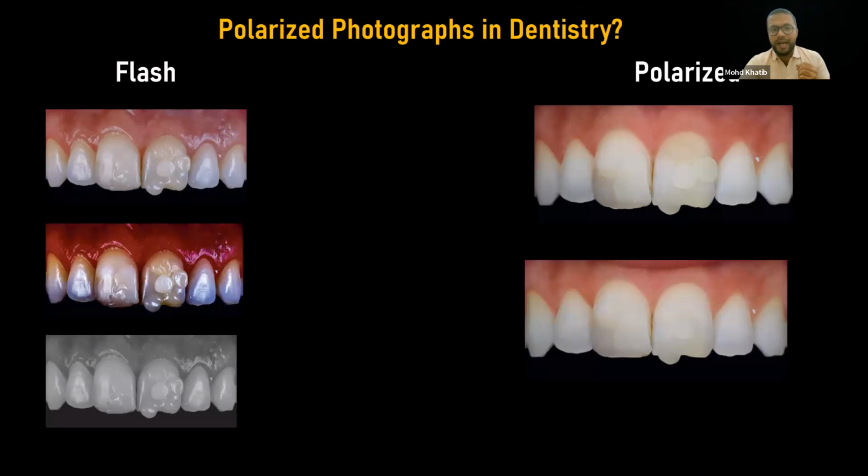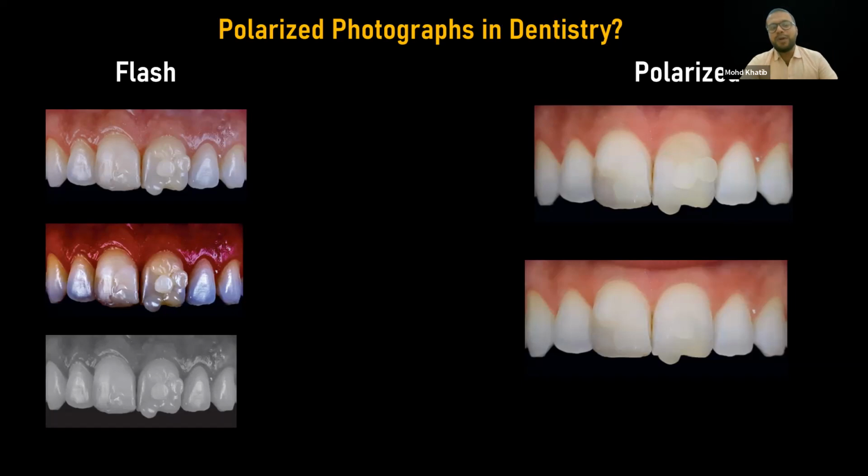It is very helpful when you are doing shade matching, especially in the composite button technique. You can place different shades of composite over the tooth and take a picture with the polarized filter. The shade that disappears first is the shade of the tooth, for dentin as well as for enamel. So this is very helpful for shade matching photography.